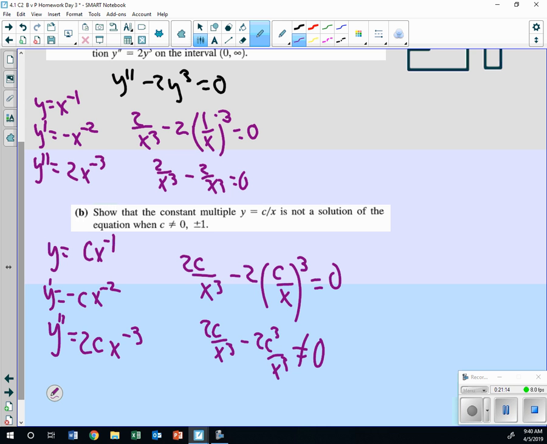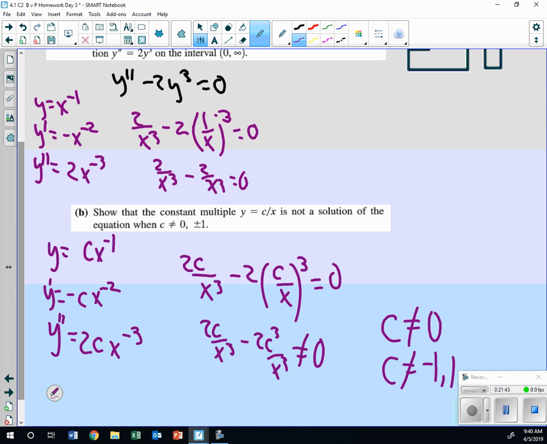What if c were 0? Yeah. So there's a couple things we're going to leave out here. C is not equal to 0 because you're right, 0 would make it true. And then if you put a 1 in, c is not equal to 1 or negative 1, either one of those.